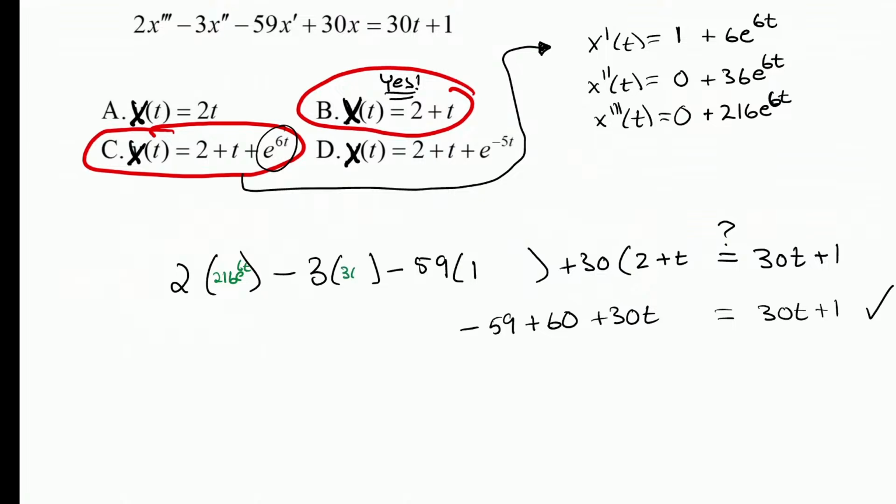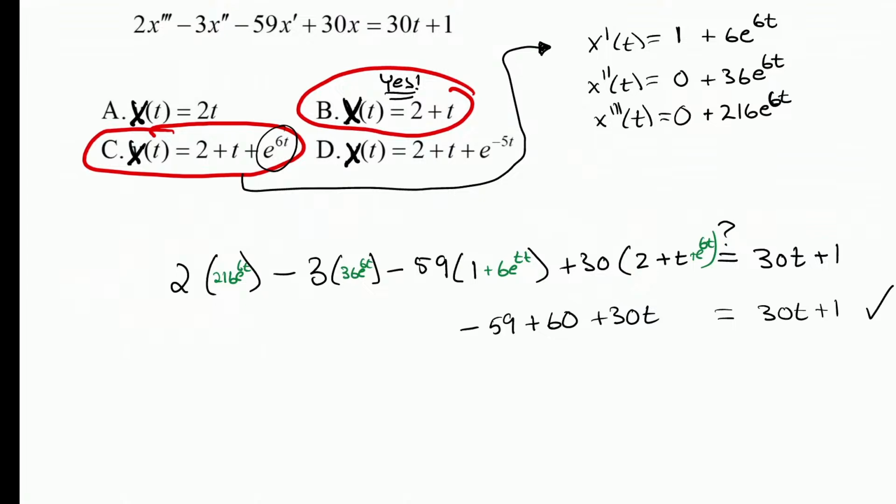This is going to be 36 e to the 6t. And this will be 1 plus 6 e to the 6t. And this will have plus e to the 6t there. Sorry, it's still a little bit of a mess, I guess. But really, that's the additional stuff in the green, which looks almost the same color as black, probably, for some of you. Sorry about that.